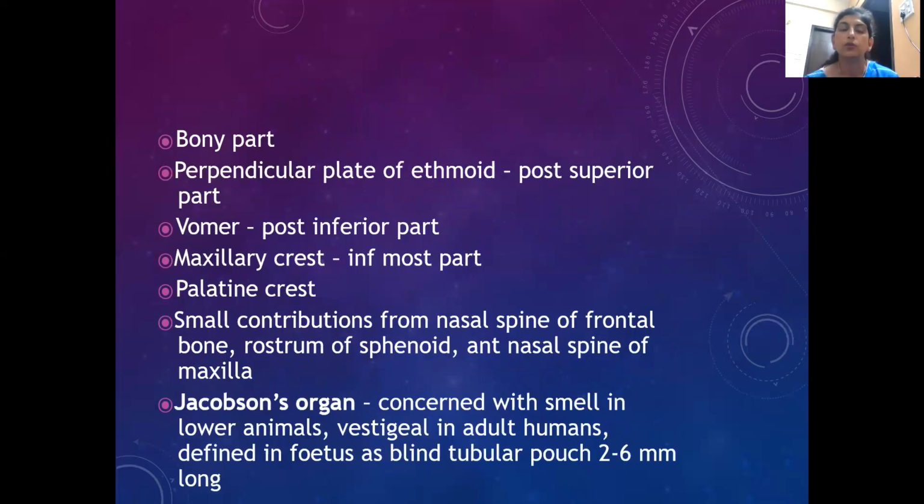The bony part of the septum proper is formed by the perpendicular plate of ethmoid, vomer, maxillary crest at the inferiormost part, and the palatine crest. Apart from these, small contributions are made from the nasal spine of frontal bone, rostrum of sphenoid, and anterior nasal spine of maxilla.